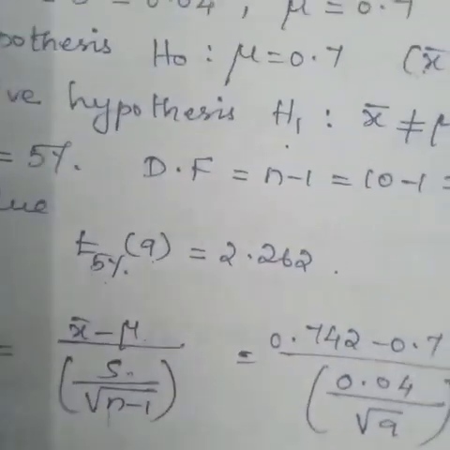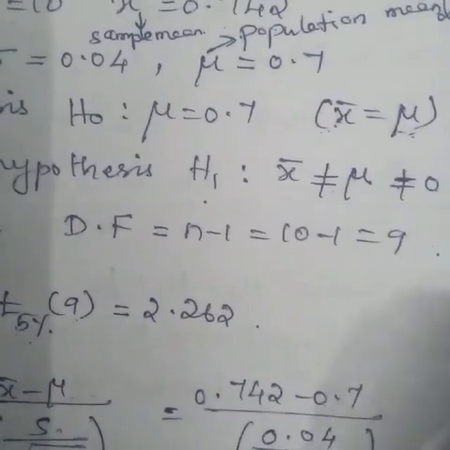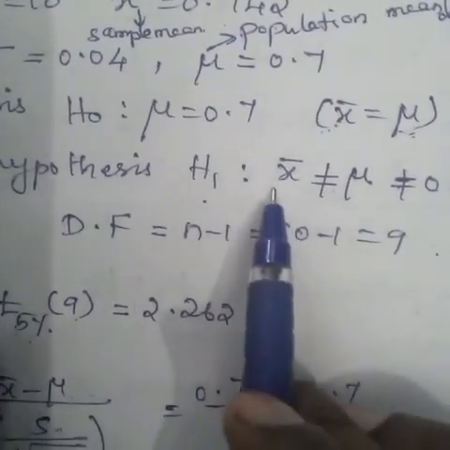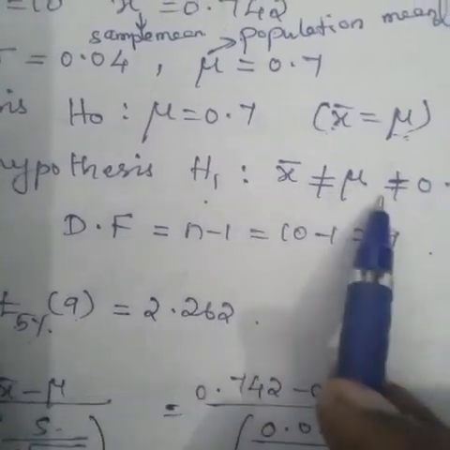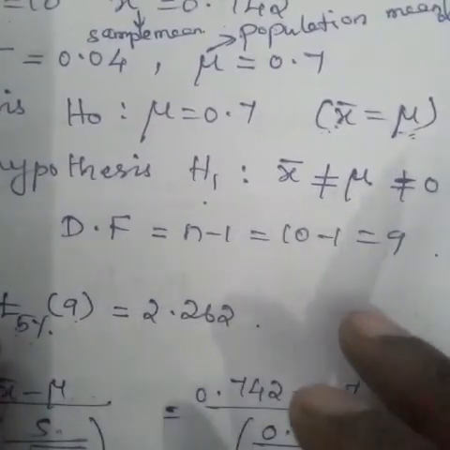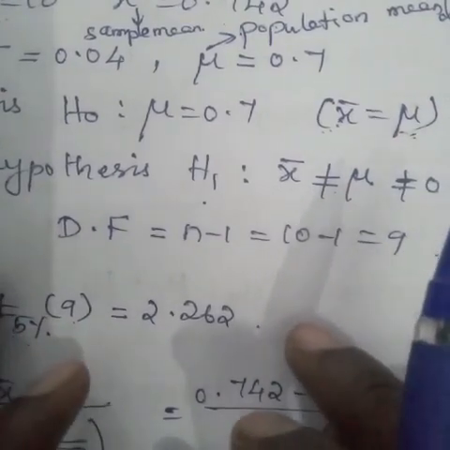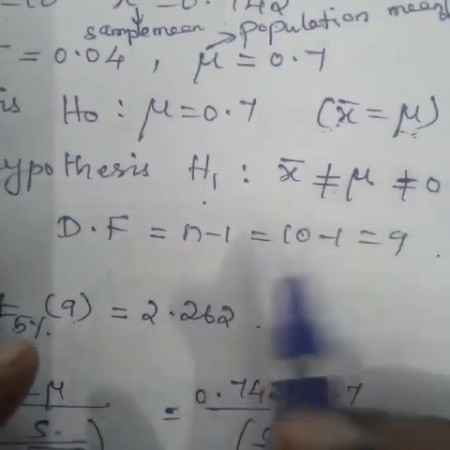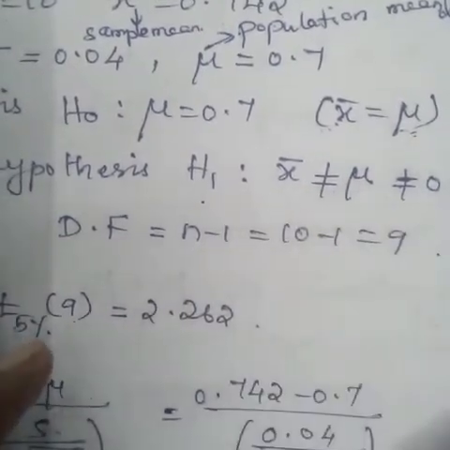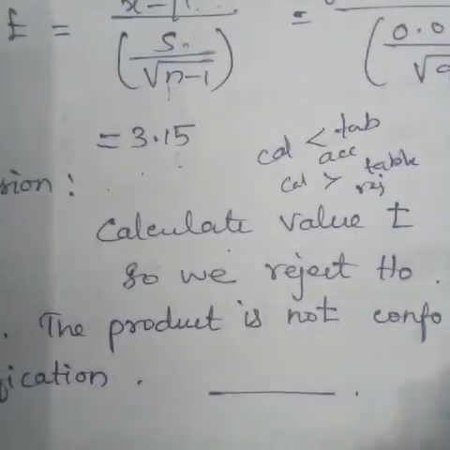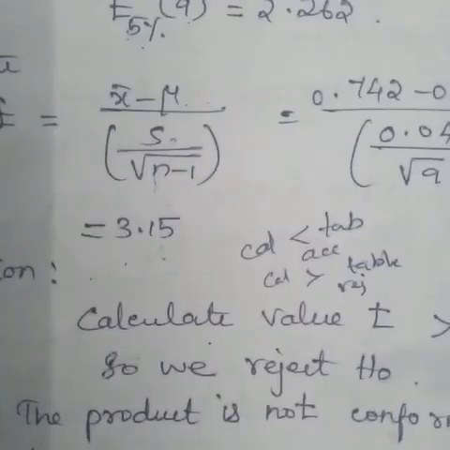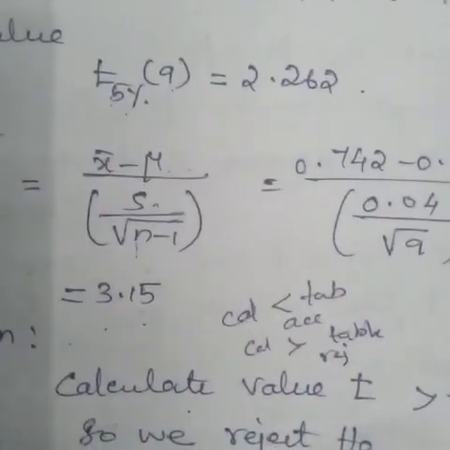That means there is a difference between the sample mean and the population mean. Therefore, the product is not conforming to the specification. So, this is the conclusion. Thank you, students.